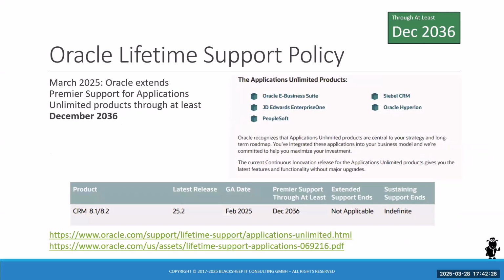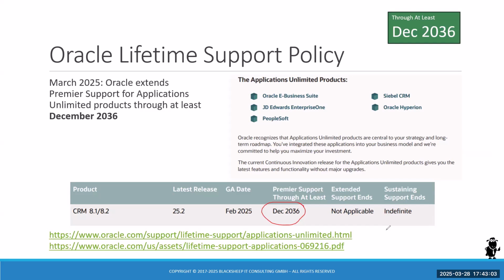And on another note, and on a good note as well, as they do in March, it's typically a March tradition. Oracle extended the lifetime support, Premier Support, for another year. So it's now December 2036 as the official Premier Support end for Siebel, which will most likely be extended one year next year, which Oracle doesn't really commit to.